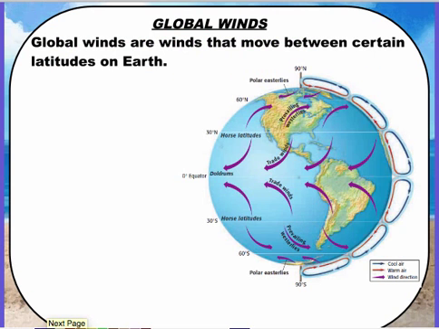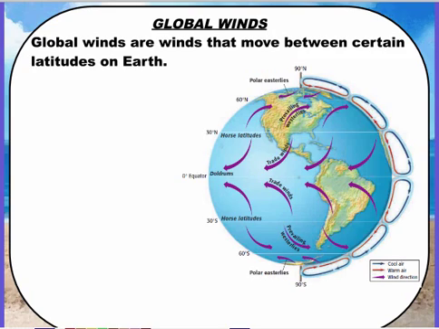All right, next let's look at the global winds and how that affects the winds. So global winds are winds that move between certain latitudes on the Earth. So remember, go back in your brain and think back to when we talked about surface currents. We talked about something that causes the surface currents to move. That was the Coriolis effect. The Coriolis effect is the spinning of the Earth, which causes these winds or currents to curve.